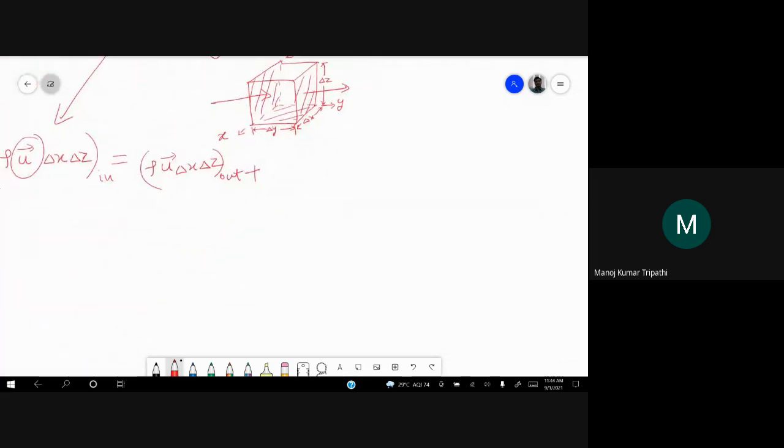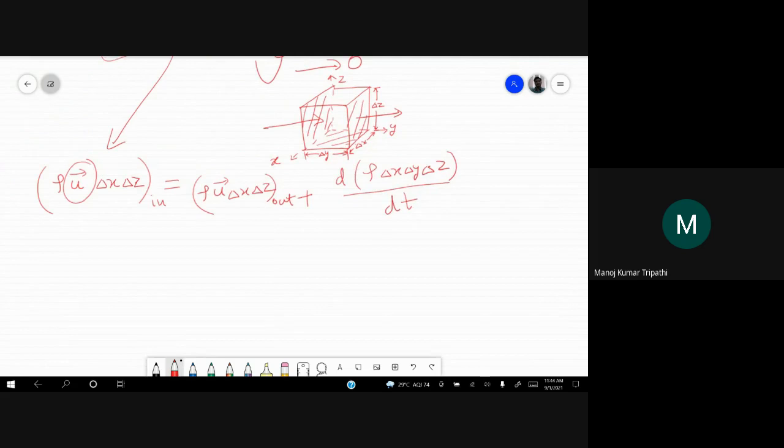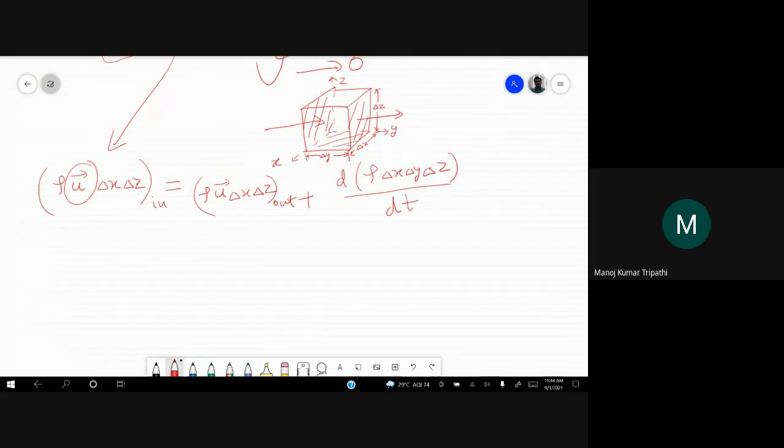Now what is the volume of this control volume? Delta x delta y delta z. Now because delta x delta y delta z all are fixed, it is a fixed control volume, it is not deforming.